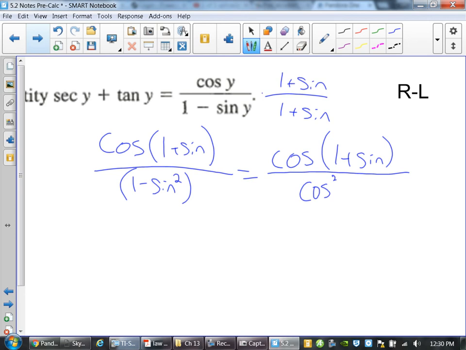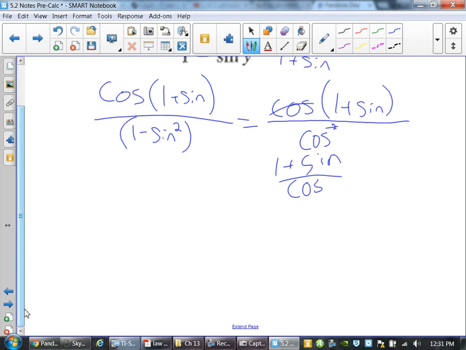What simplifies? Just one cosine simplifies now. So then you're left with 1 plus sine over cosine. And what's the trick when you have 2 on the top, 1 on the bottom? Split. So you split them apart.